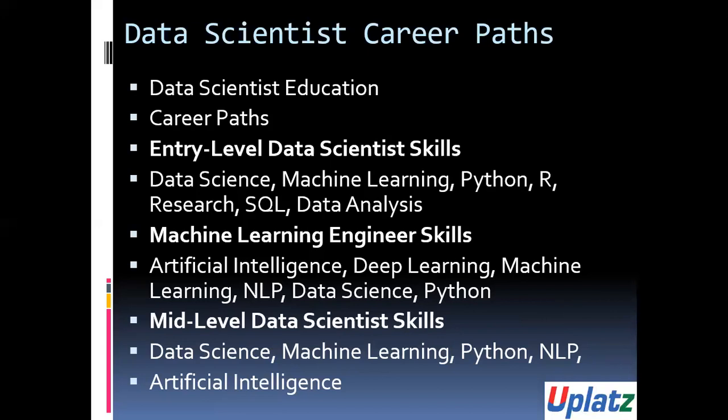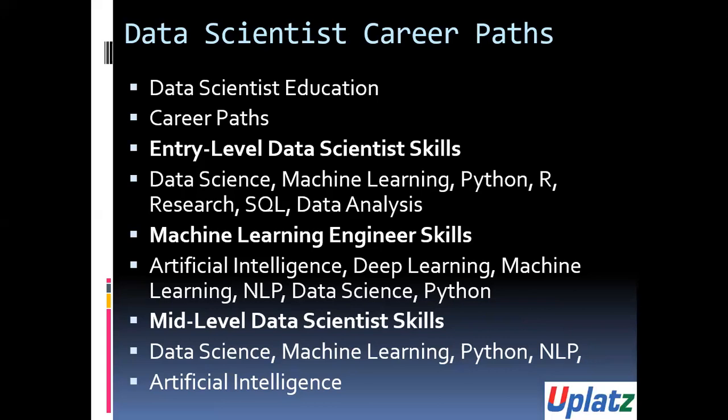So once you come from entry level to mid-level machine learning engineer, you need to be able to understand what artificial intelligence is, what deep learning is, what natural language processing is, what Python is, what data science is. Okay, so machine learning and AI are new and very vast fields, but data scientists are already establishing career pathways that leverage these technologies.